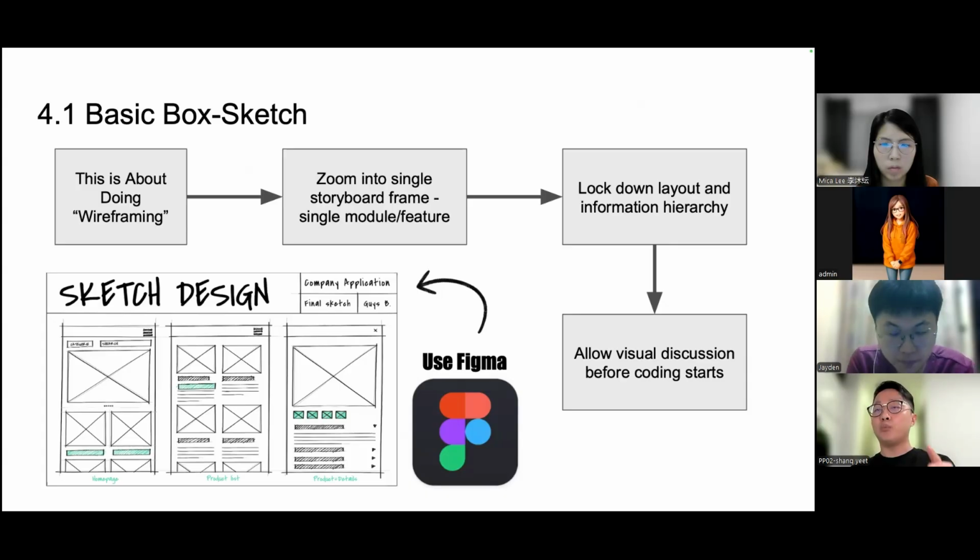At the end of this, you produce an official document that the front-end developer can officially use, right? A sign-off document to build the app, so that they won't just build according to their own liking. That's the important point. And here I am pointing out that one of the very common tools you can use is Figma. It takes quite a bit of time to learn, but it's a very, very useful tool to help you build this wireframing.